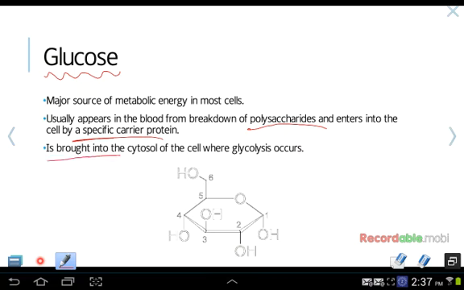Glucose is brought into the cytosol of the cell, which is where glycolysis occurs. Sorry, our little glucose molecule on this picture is not very clear for some reason, but here is our friend glucose. Okay?